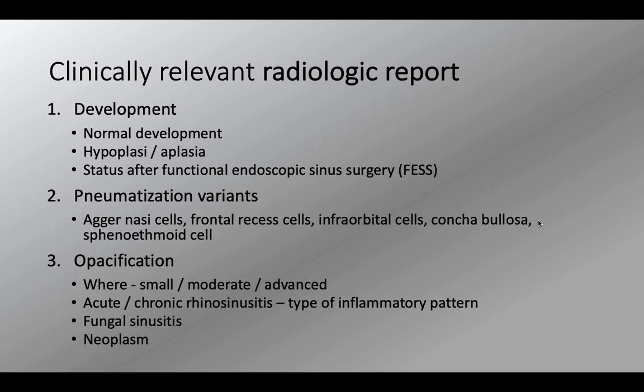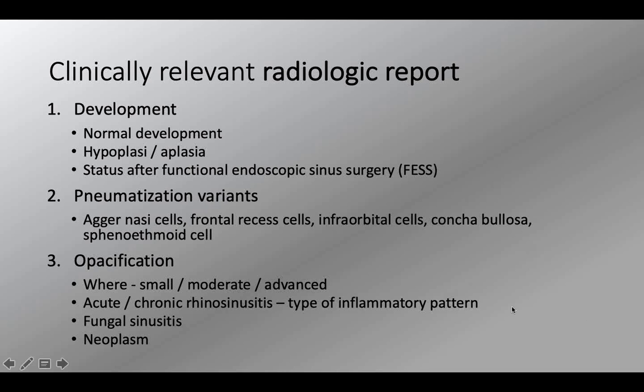So to finalize, what should be in a radiologic report? Start with development. If it's normal, just say it's normal development. Don't report all pneumatization variants if they are not relevant, but look for them and see if they are in connection with opacification or sinusitis.